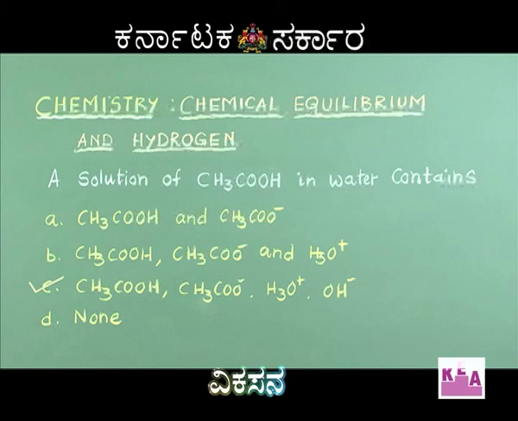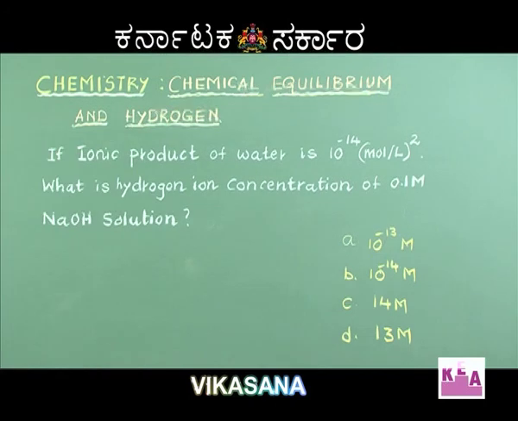Our next question: if the ionic product of water is 10 to the power of minus 14 mole per liter the whole square, what is the hydrogen ion concentration of 0.1 molar NaOH solution? What is the ionic product of water?